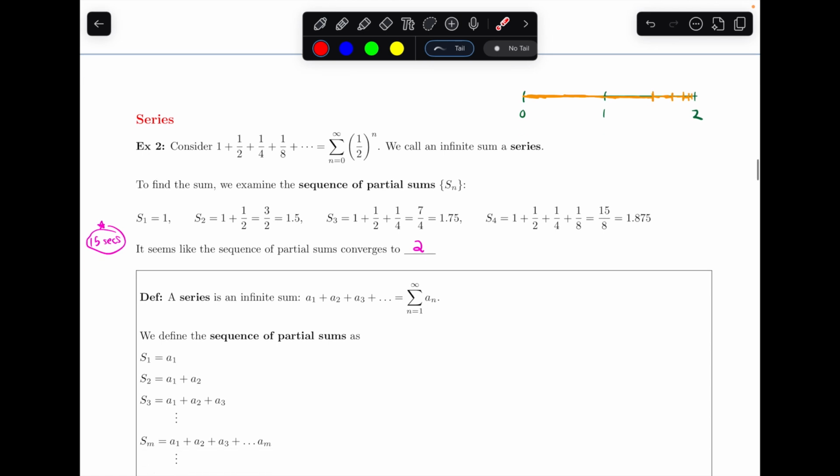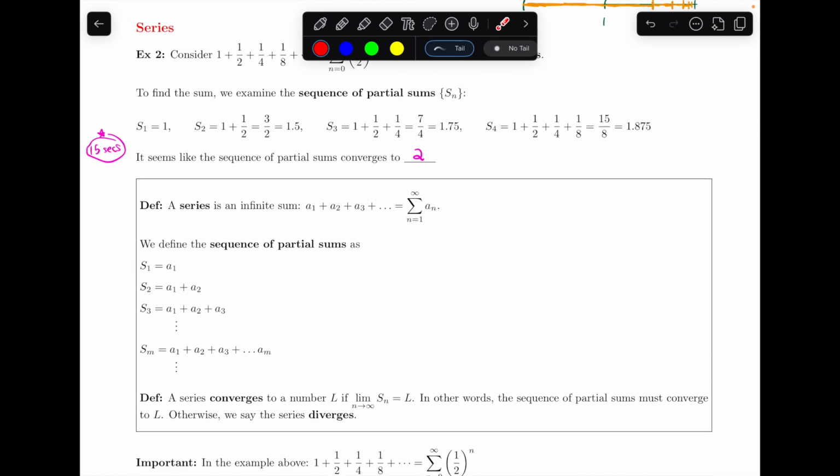Okay, so what's the general definition? A series is this infinite sum. I get these terms a1 plus a2 plus a3 and so on. I can write that in sigma notation. To figure out what it converges to, if it does converge, you look at the sequence of partial sums. The first partial sum just has the first term. The second partial sum has the first two terms added together.